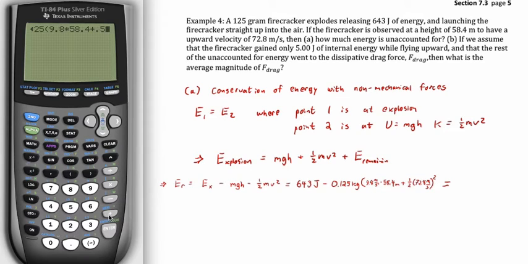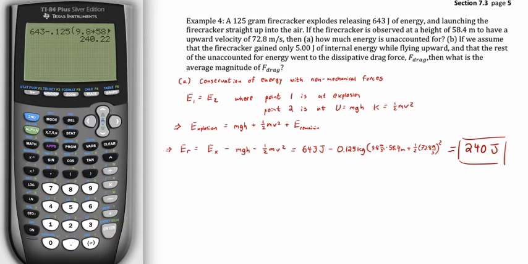And then 0.5 multiplied by our velocity squared, 72.8, and that's going to be squared. Okay, so we get 240 with 3 sig figs joules of unaccounted for energy.